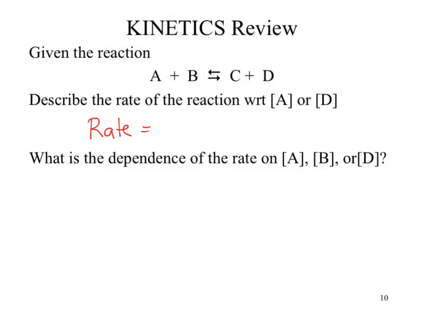Rate is equal to k, C, D. Nope. It's going to be the change in concentration of A with respect to the change in time. Right? That's it. What's going to happen to the concentration of A with respect to time?